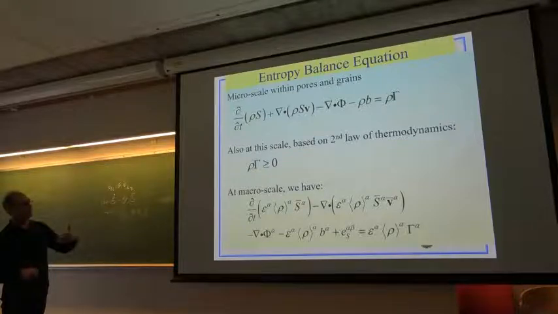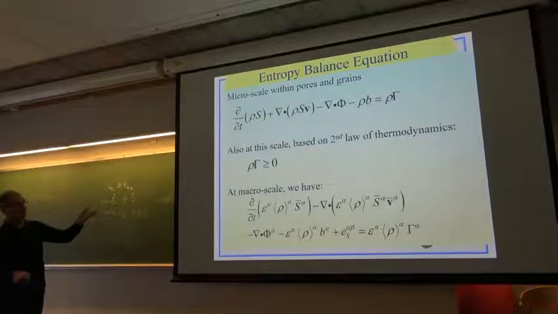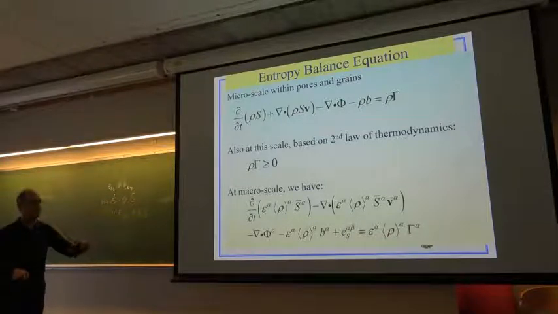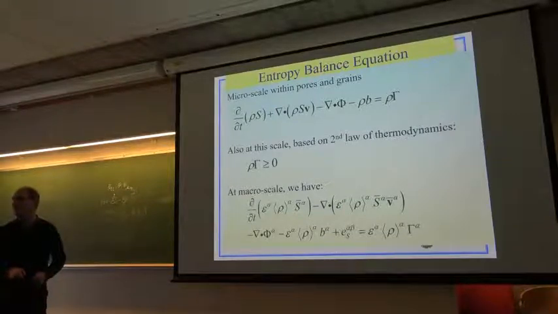This one gives you this term here with an integral over the same boundary. The sum of those is this exchange of entropy between fluid and solid. Now that gives you also the macro scale and so forth. And the right-hand side gives you this net rate of production of entropy for the alpha phase.